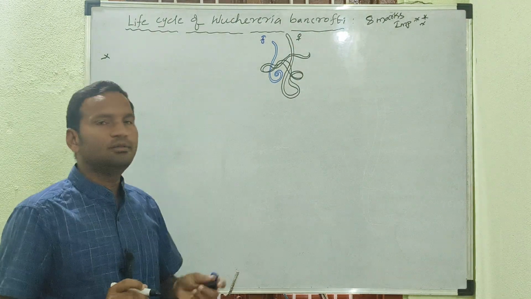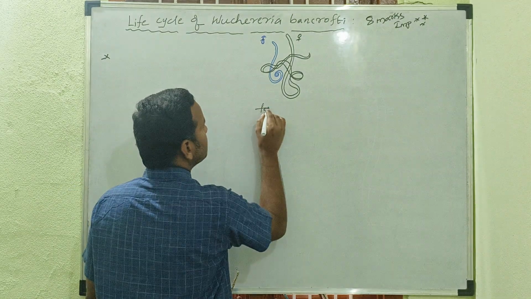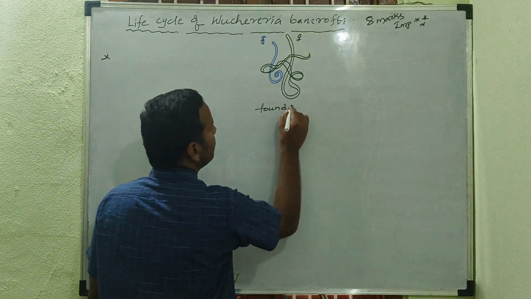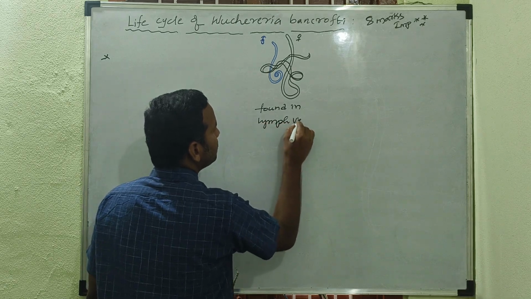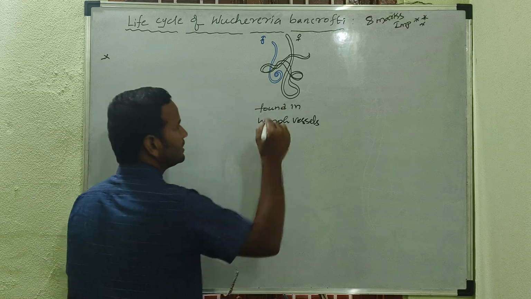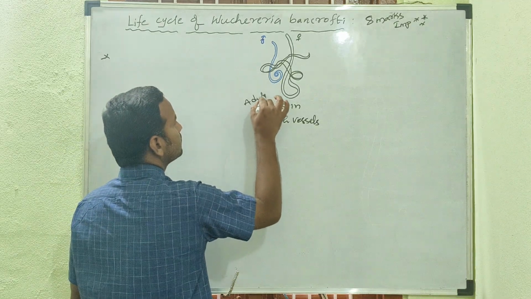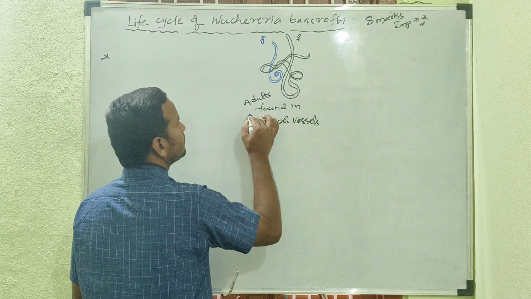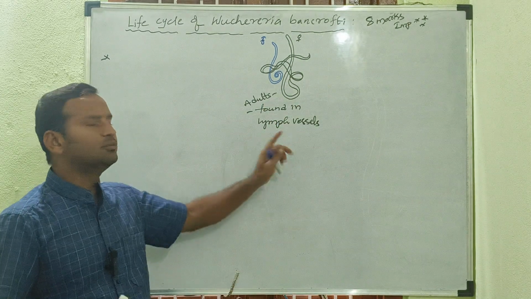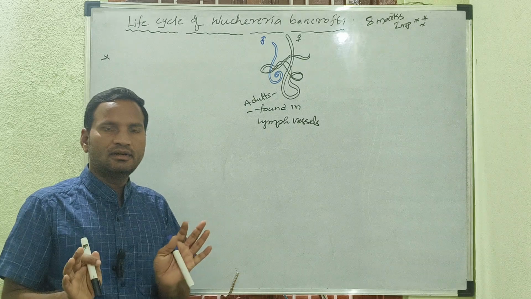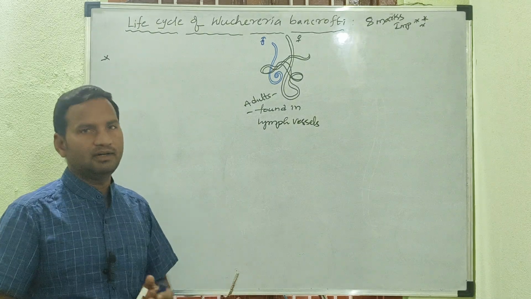Both males and females are found in lymph vessels. Adults are found in lymph vessels. This is the habitat of Wuchereria bancrofti.